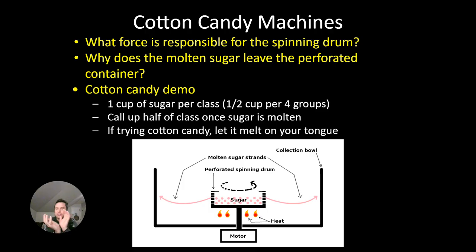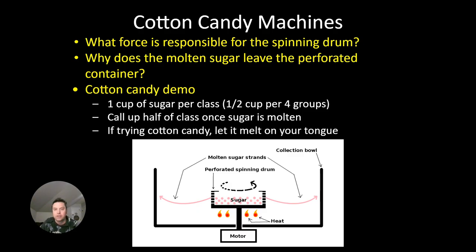Cotton candy machines do the same thing, except you're in the middle. There's this hot thing spinning, and the hot melted sugar is not getting pushed outward. It's a centripetal push toward the center, but because of inertia, it wants to travel outward.